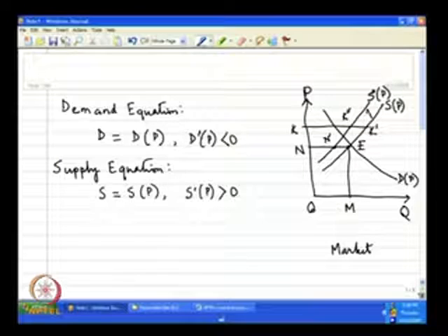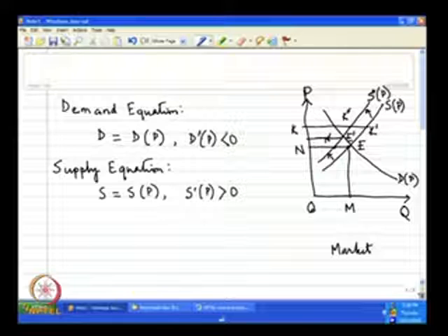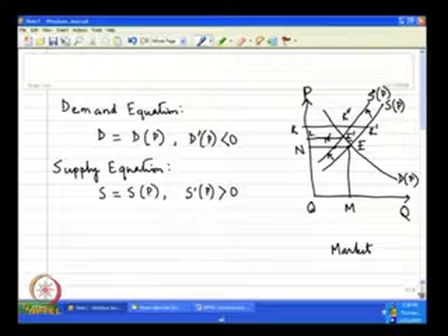So the supply curve is actually shifting to the left, and as you can see, as the supply curve has shifted to the left, the new point of equilibrium will not be E, it will now be E dashed, and you can see that at E dashed the equilibrium price is higher. Let us call this point L. So OL is the new price.